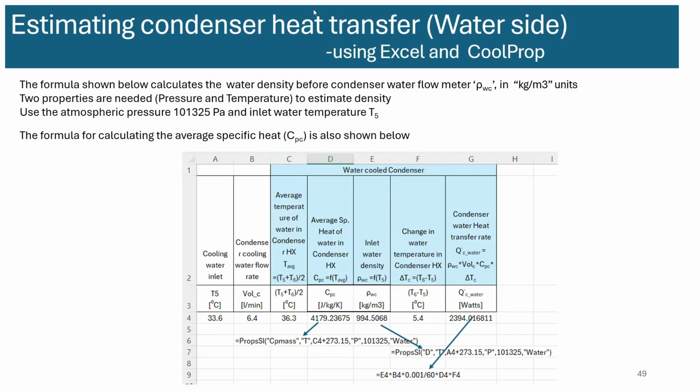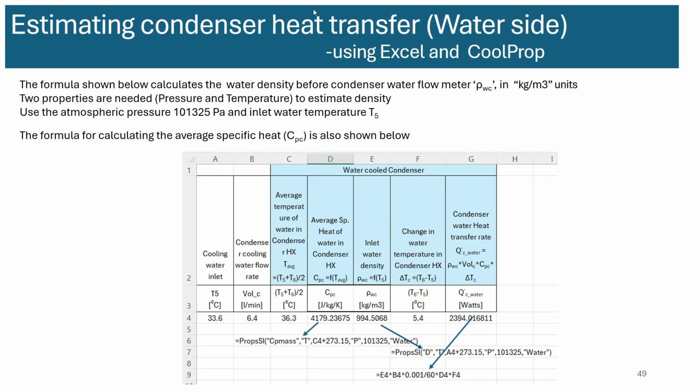Now let's calculate the condenser heat transfer using CoolProp. The two thermodynamic properties that we need for calculating the overall heat transfer are the density and the specific heat. Density is calculated using two properties, pressure and temperature.